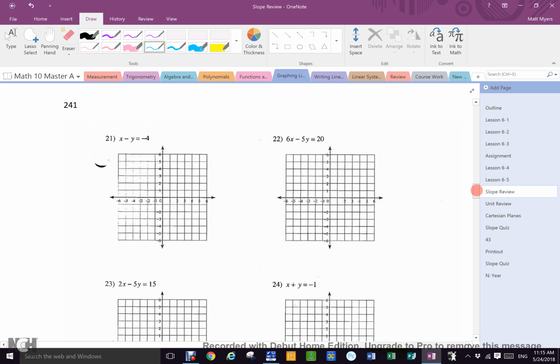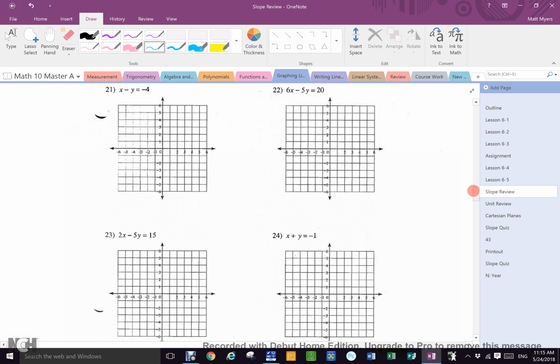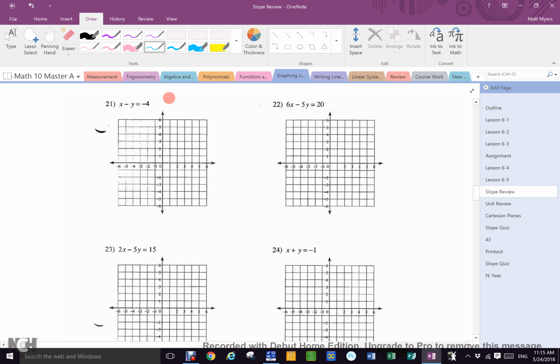Turning the page over to 210, I believe. That is not slope-intercept form, but x plus 4 equals y is slope-intercept form. So you go up to 4 and you get a slope of +1. That line right there. That is y equals 6 over 5x minus 4. 1, 2, 3, 4, 5. 6, 1, 2, 3, 4, 5.